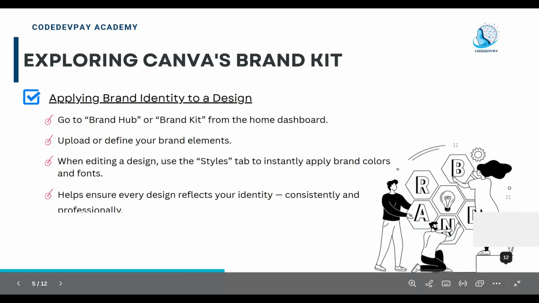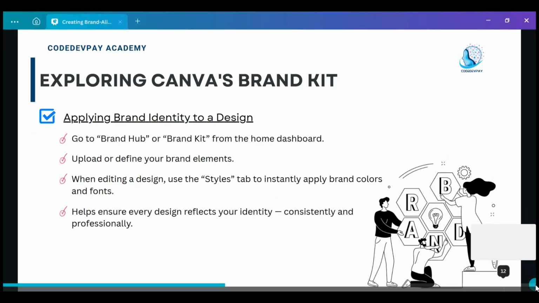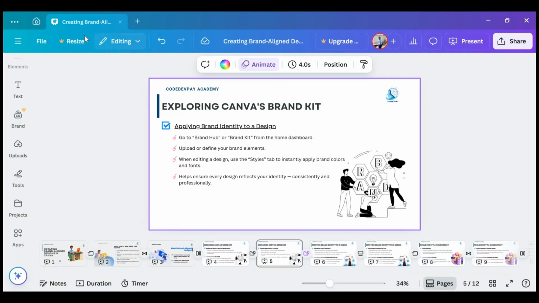So now, applying brand identity to a design. As we said, you go to the brand hub from the home dashboard, you upload and design your brand elements. So now let's do that quickly.